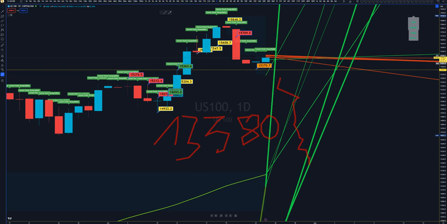In my other analyses you may have watched, I have mentioned the bull trap and the bear trap at this level, because many market participants interpret these movements, if the market is breaking that level and this level, as a bear trend, but it is actually in an uptrend.